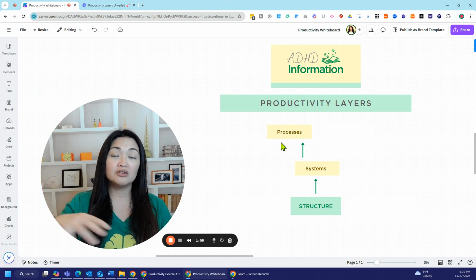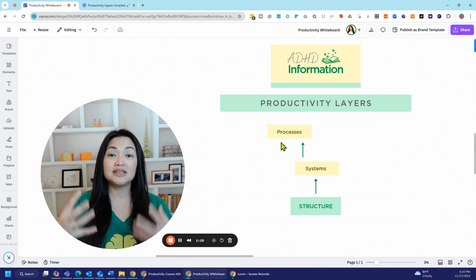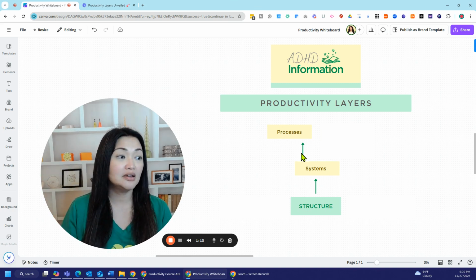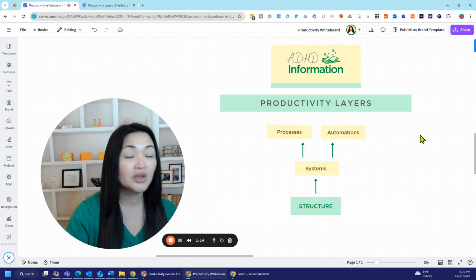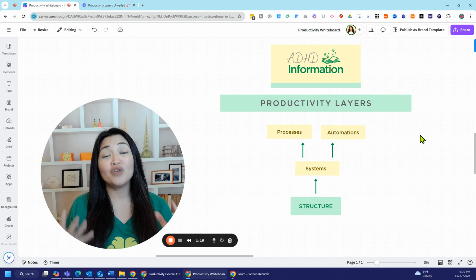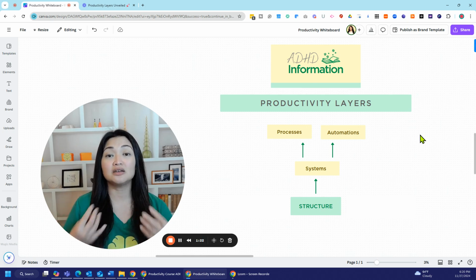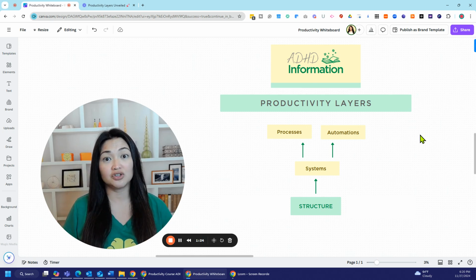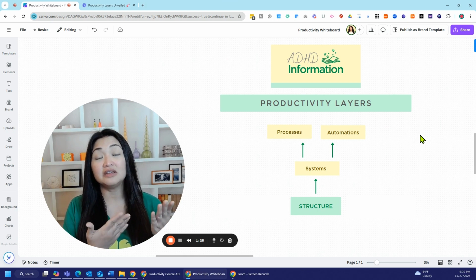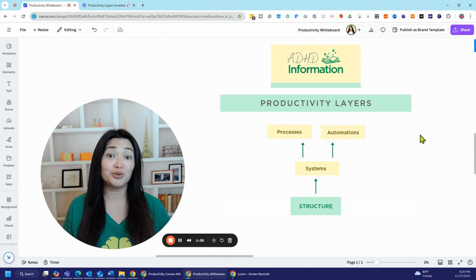Once you figured out your processes, the next thing you have to add is what I call automations. We're very blessed that we're in a generation, in an era where we have a lot of new technologies, especially artificial intelligence or AI, that makes our automation even faster and turbocharged, so to speak.